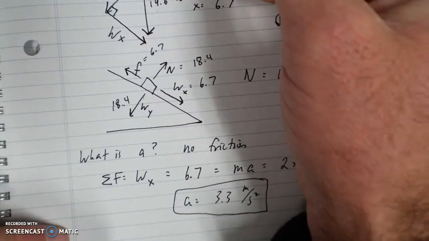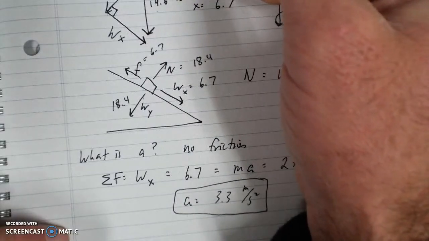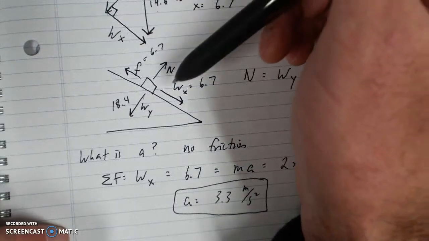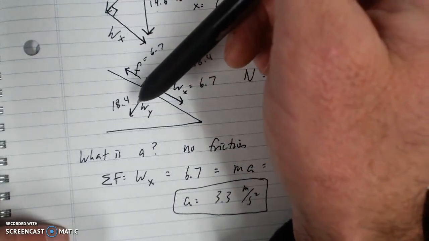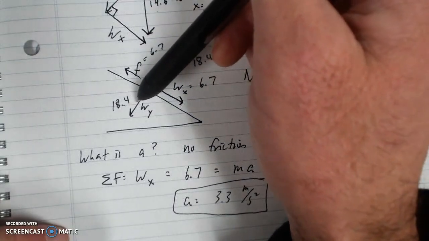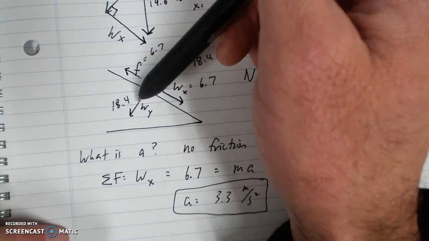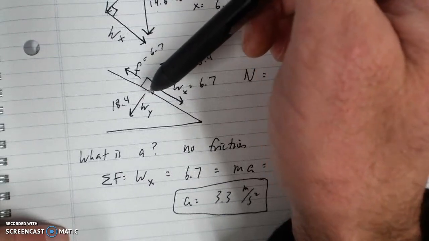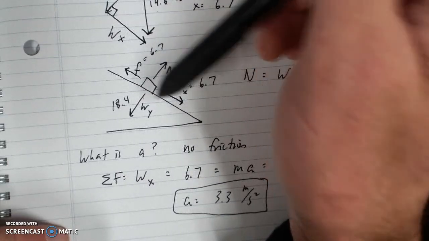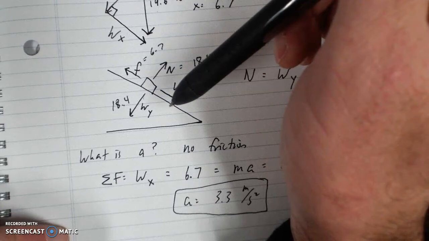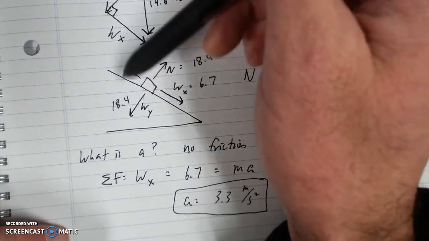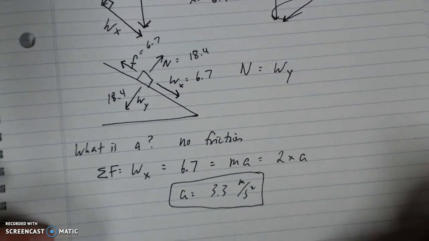The weight of the object, 19.6 newtons, is a lot more than the weight force in the y dimension. Because we're on a slope, there's not as much pressure between the block and the ramp, therefore decreasing the frictional force. So this case I have drawn here is an equilibrium.